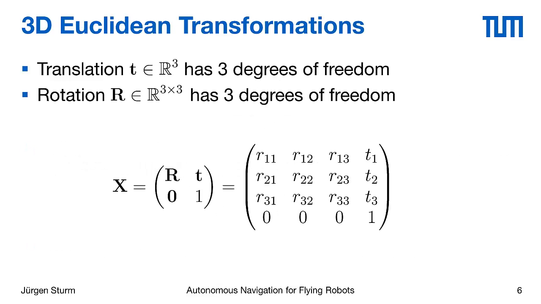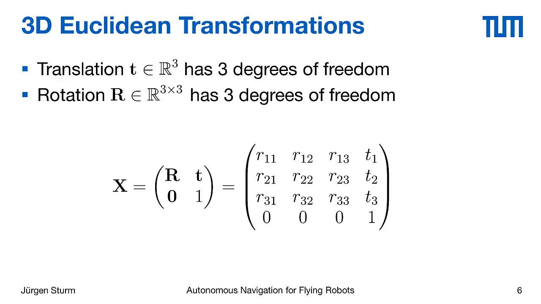So now let's look a little bit more at 3D Euclidean transformations. Obviously the translation, which is a 3-dimensional vector, has 3 degrees of freedom because we can move around the object or the quadrotor along all 3 axes. And similarly also the rotation has 3 degrees of freedom because we can turn the quadrotor around all 3 principal axes.